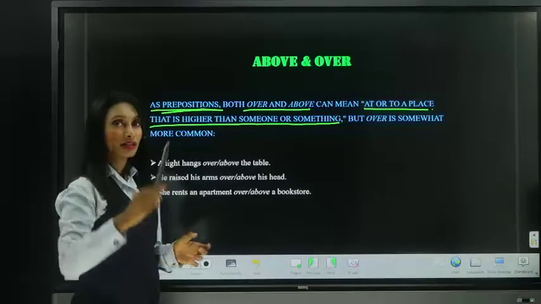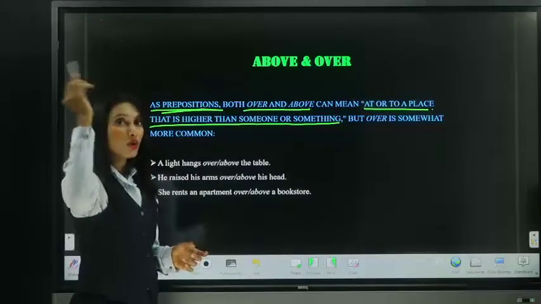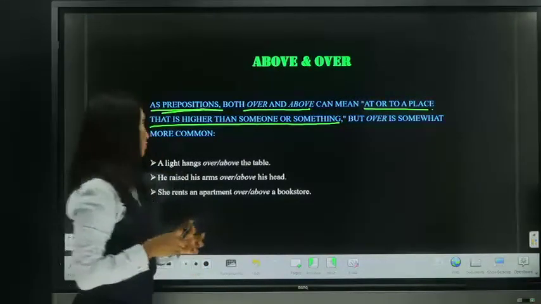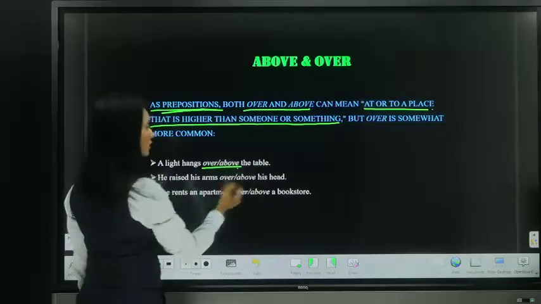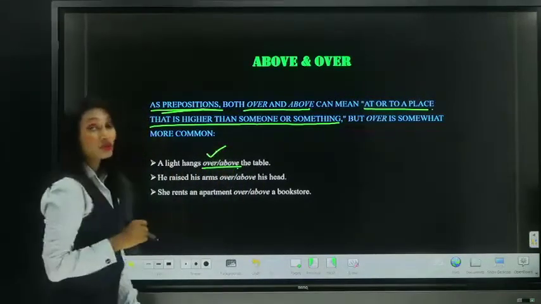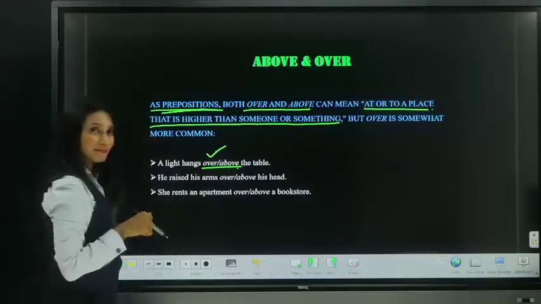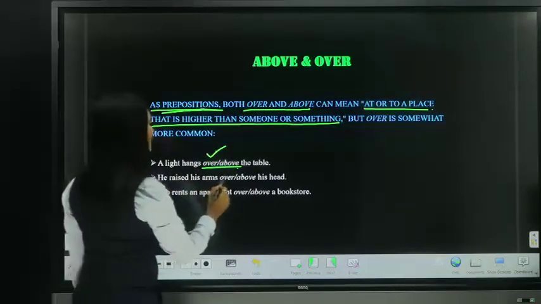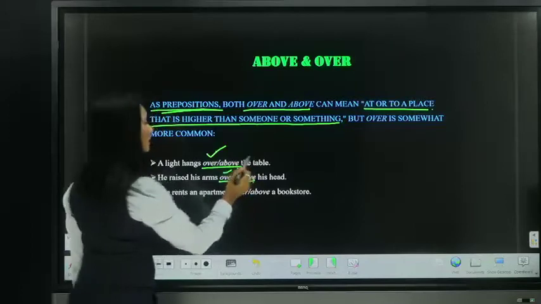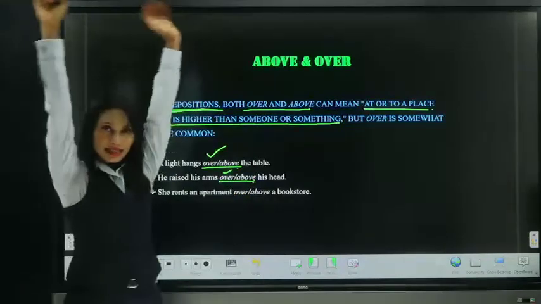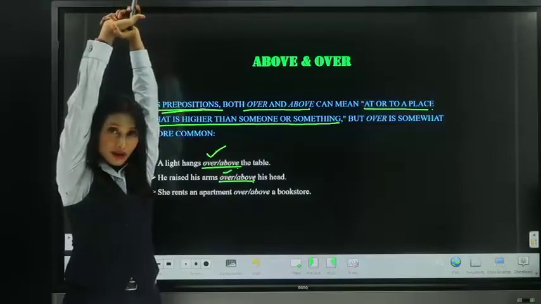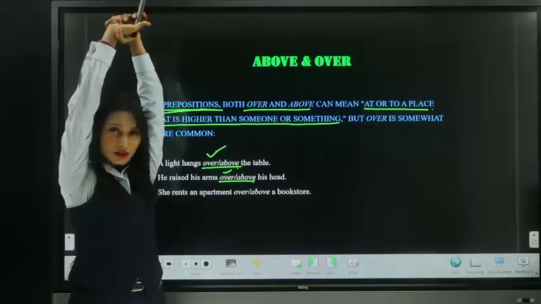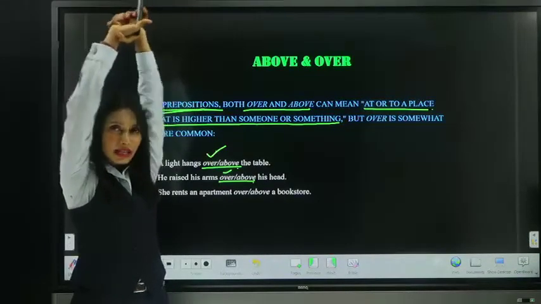When we are talking about especially vertical things, over is more common than above. For example, a light hangs over or above the table. It's better to use over the table, not above. He raised his arms over or above his head. He raised his hands over, not above. Above is also okay, but not as appropriate as over.